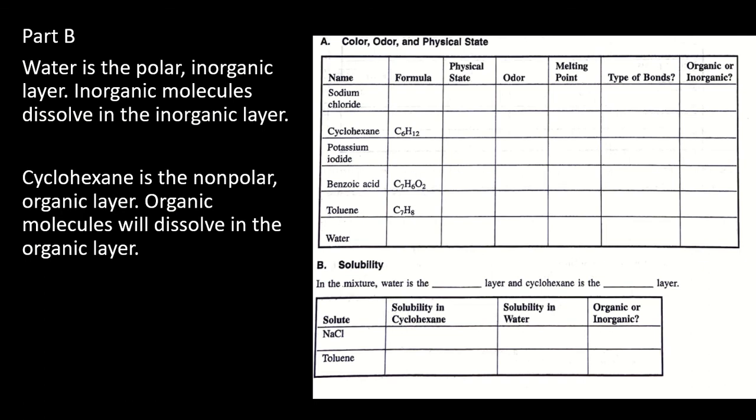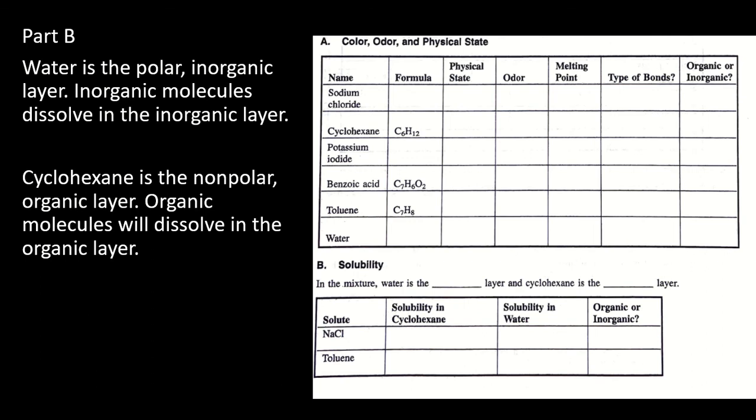Now, as far as part B for solubility, here's an important concept to know. Water is a polar solvent, and it will always be the inorganic layer, or the polar layer. Inorganic molecules dissolve in the inorganic layer, while cyclohexane is a nonpolar molecule.